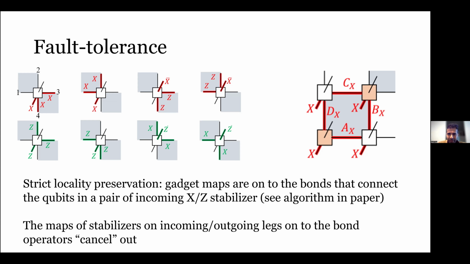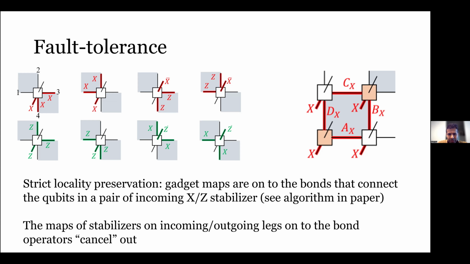So here, when we look at these maps on the left-hand side, if you join four of such maps, such that you have the map of the incoming stabilizer, you will see that these Pauli operators, in an algebraic sense, you can think of them as canceling out. But what actually happens is we care about the consistency of these neighboring gadgets. And algebraically, we can think of that as some sort of cancellation.